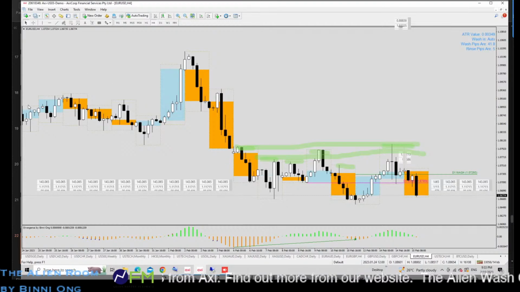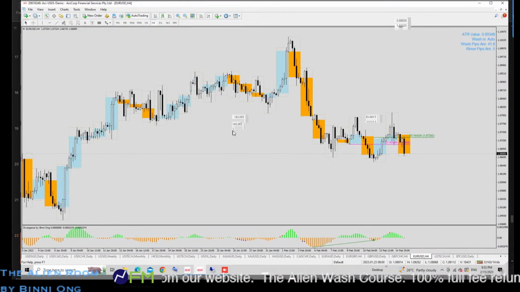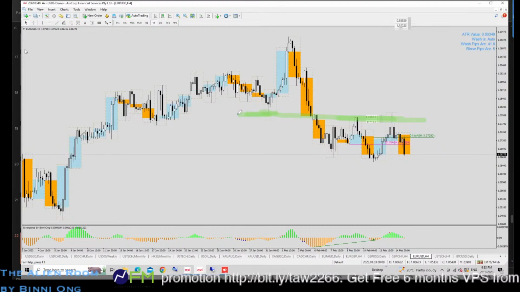If you just flip them and make it into a tighter view, you can see that support resistance having a bit of a resistance here, and then the low of the boxes here, that's the support, and then move there, and that becomes a support, and right now becomes a resistance.